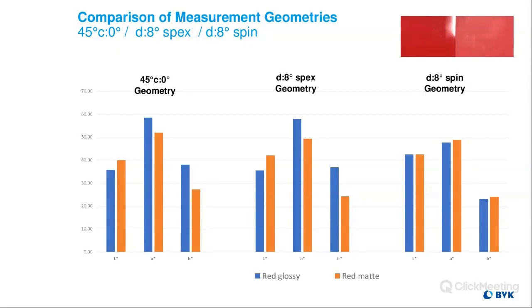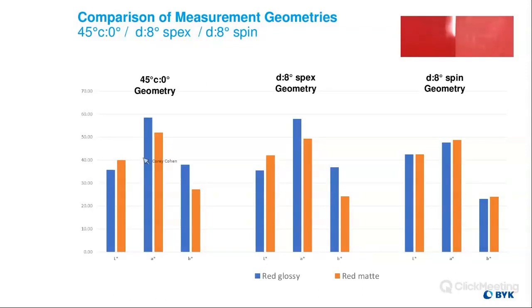So here we have the red panel, and the readings again of both sides as taken with these three instrument geometries. And with the 45-0 instrument, again, we're seeing differences in the lightness. The glossy side is being measured as being a bit darker than the matte side. But because this is now a chromatic color, we're also seeing differences in the chroma values, the A and the B. We're seeing that the A value is higher, meaning redder, and the B value is also higher, meaning it's getting more yellow as well.